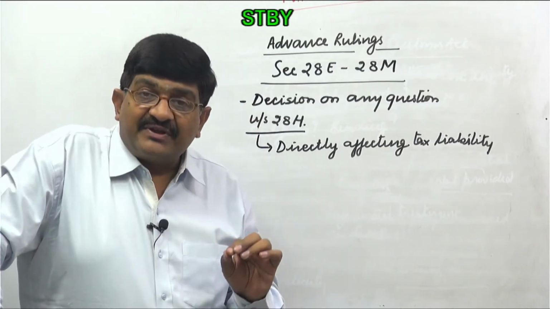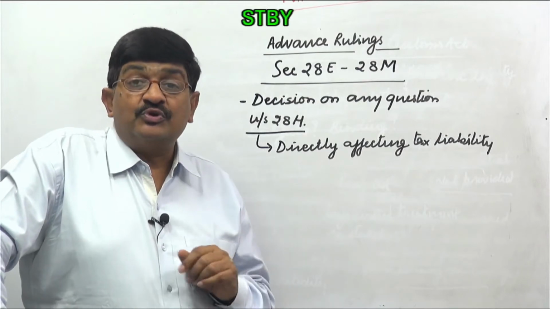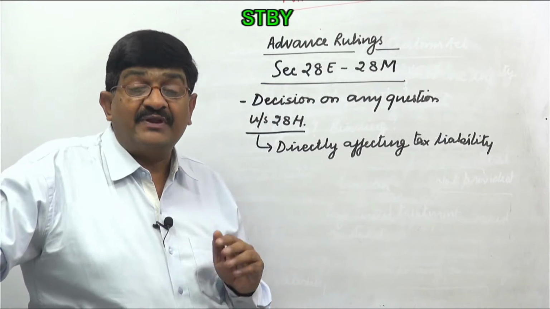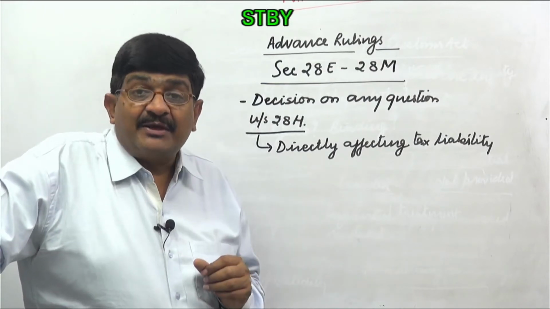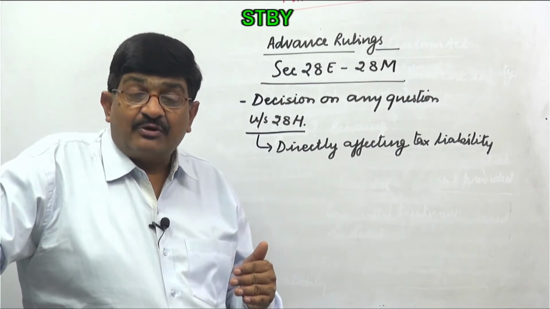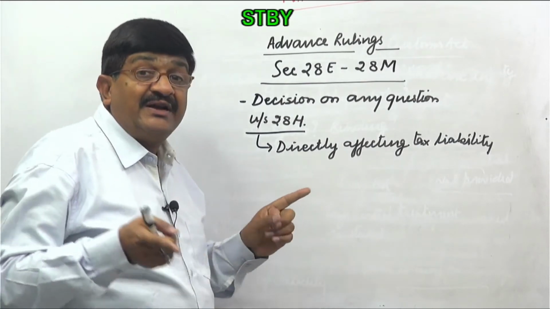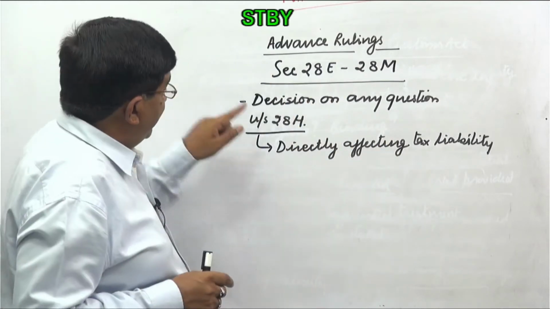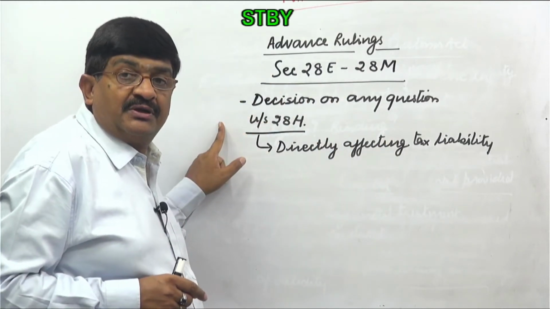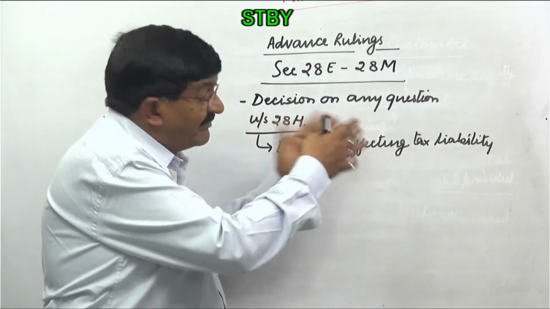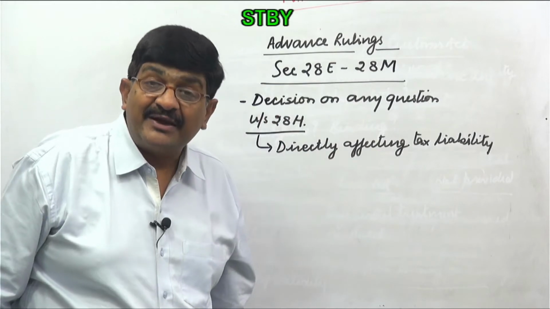What is the classification, what is the valuation for those goods, what factors will be considered for valuation, what will not be considered for valuation, whether exemption notification is applicable or some duty is applicable or not, or the credit subject will be there or not. So all those things are directly related to tax matters. So when we say decision on any question, under section 28H, instead of that you can say which are directly going to affect the tax liability.